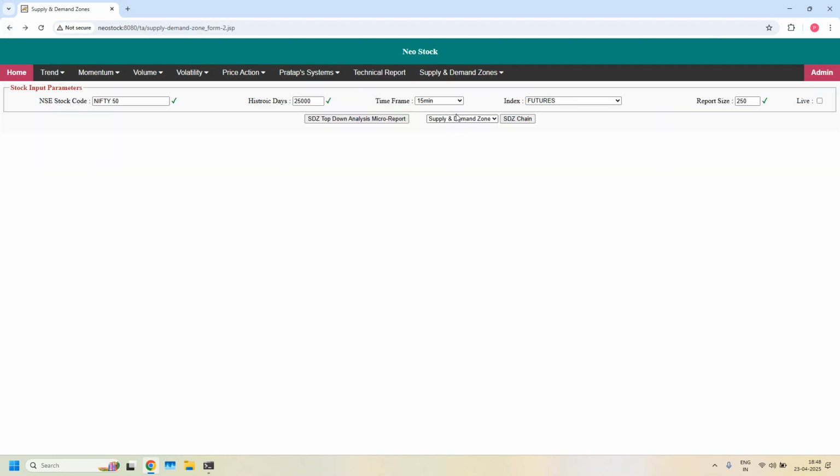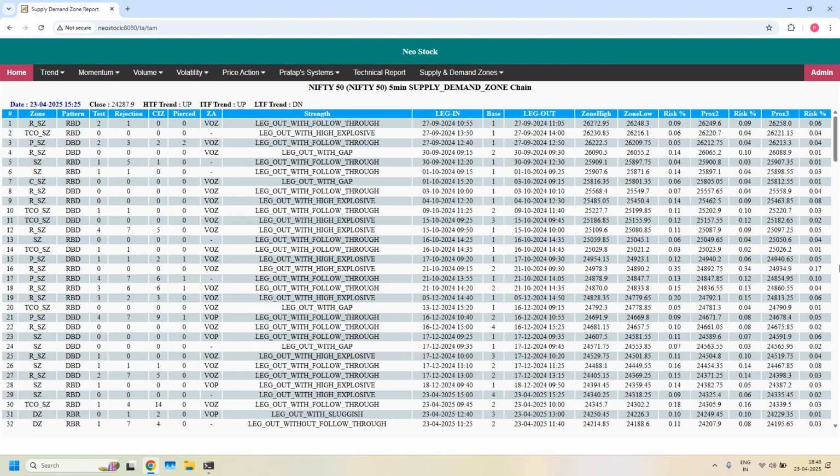Next, generating 5 minutes supply demand zone chain for Nifty. And the nearest demand zone to the current closing price is serial number 31. Remaining all are supply zones.